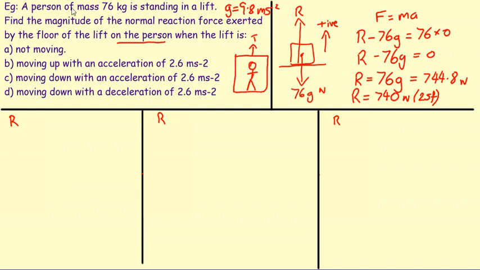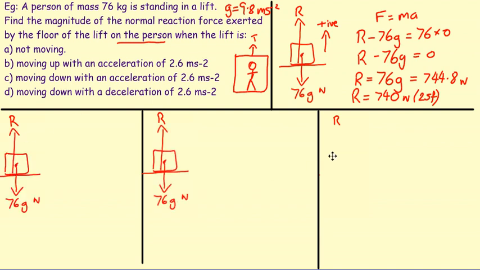So here we're going to look at exactly the same problem, but now the person's going to be moving up with an acceleration of 2.6 meters per second squared, and then down with 2 meters per second squared, and then moving down with a deceleration of 2.6 meters per second squared. So we're going to have a look at each of these three cases. The diagram is basically the same with one exception. This time the person is moving up.